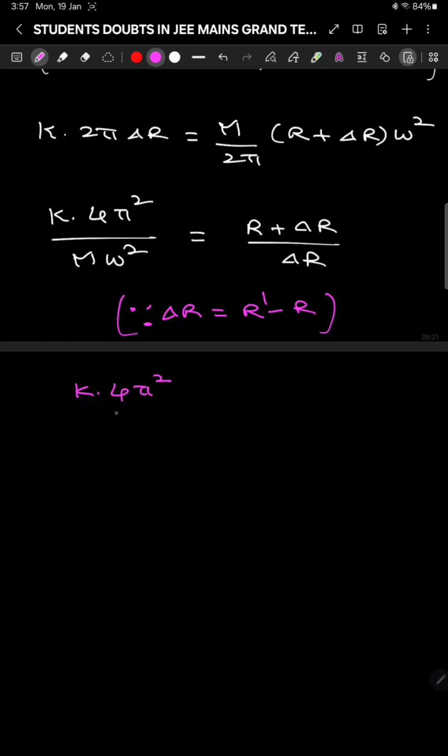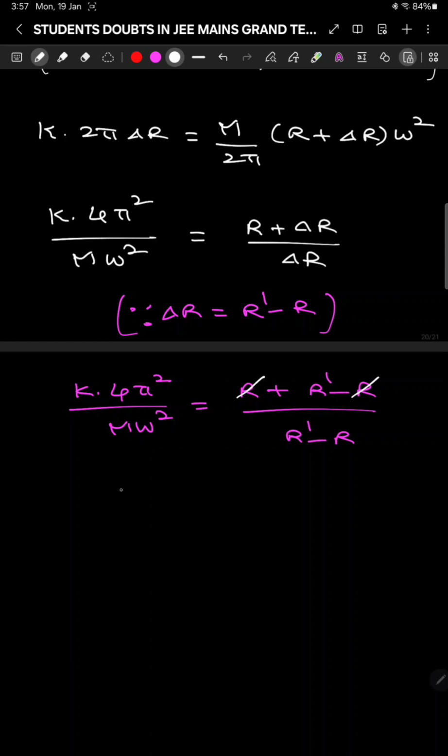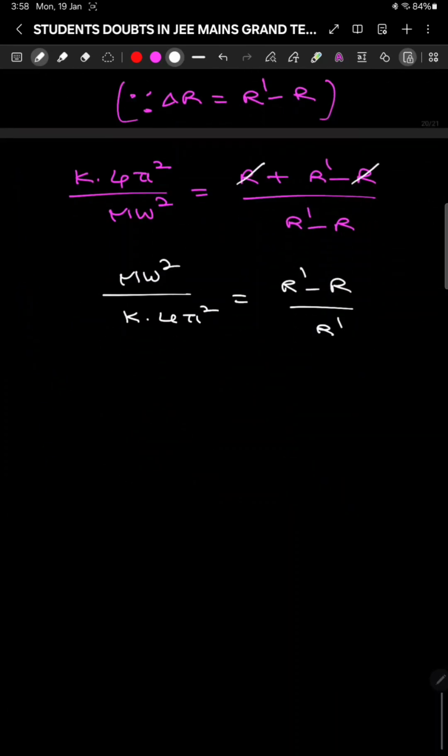So k into 4 pi square by m omega square equals r plus delta r, that is r dash, by delta r, that is r dash minus r. So you can see r gets cancelled. So make it reverse. m omega square by k into 4 pi square equals r dash minus r by r dash. You are asked to find r dash.